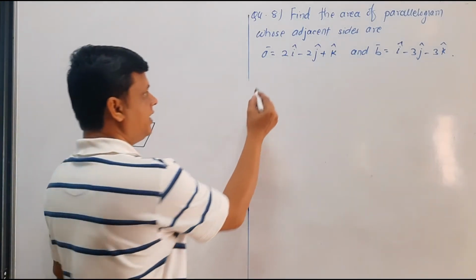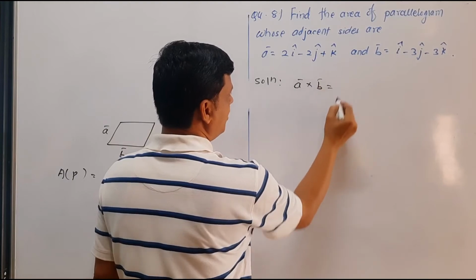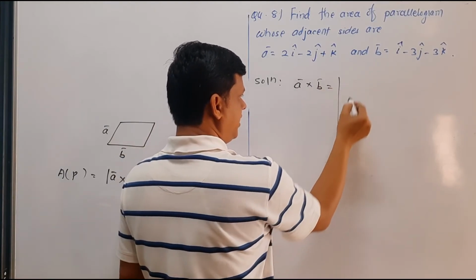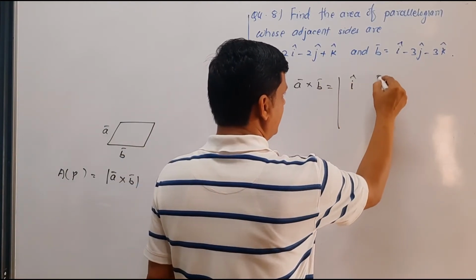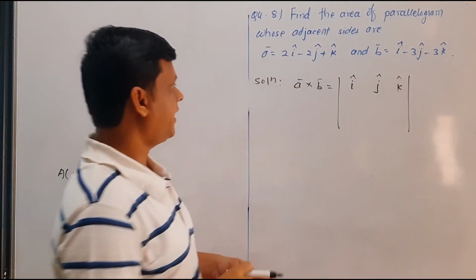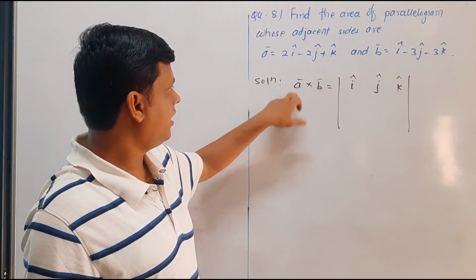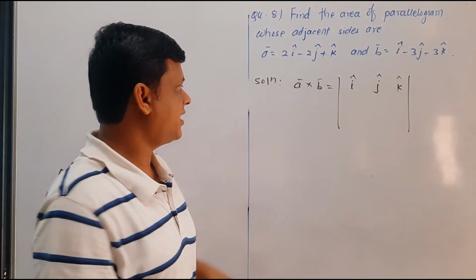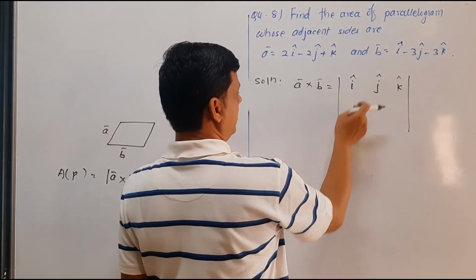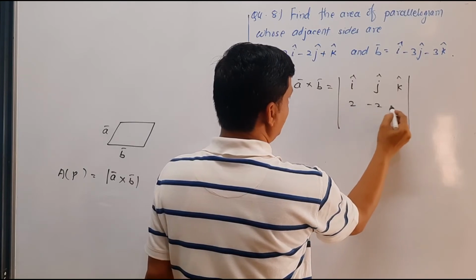So we first find in the solution A bar cross B bar equals, so write in determinant i, j, k. So we write the coefficients of ijk of vector A in the second row: 2, minus 2, 1.